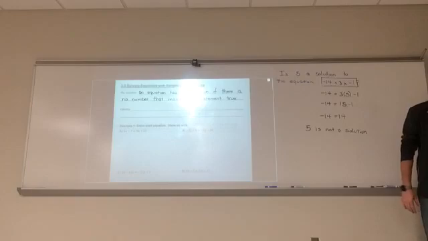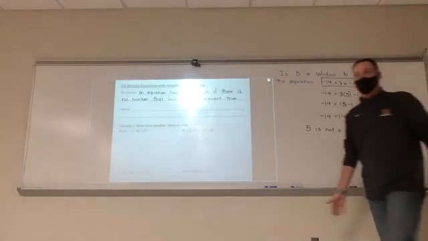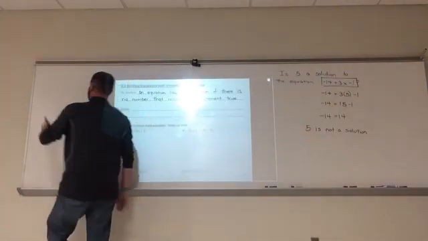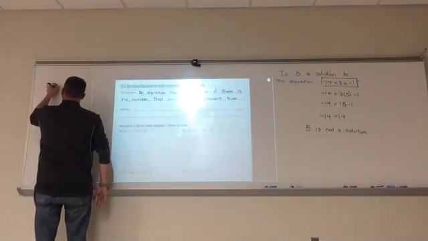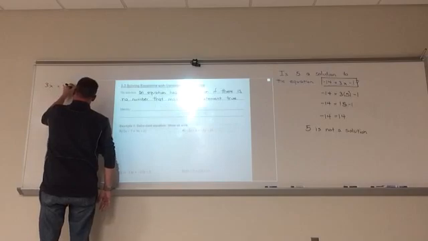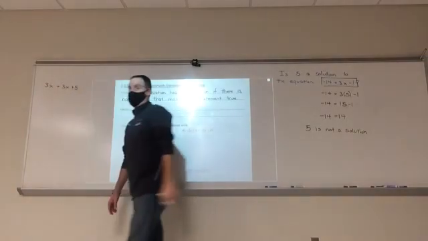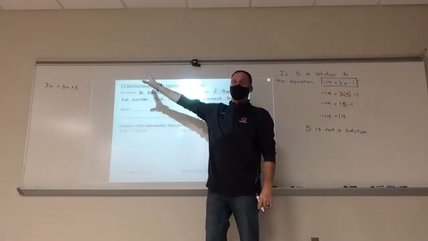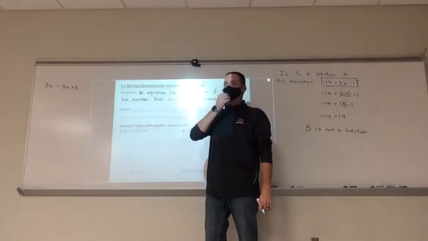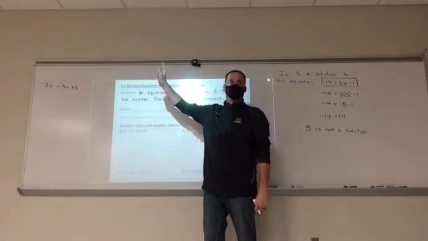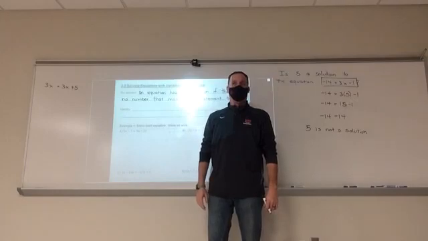That's what I'll explain in a couple minutes. But I'm just going to quickly give you an example. If I were to tell you that 3x is equal to 3x plus 5, I'm going to tell you right now, there is no number known in this universe that if you plug it in, the left side and the right side will ever be equal to one another. Ever.